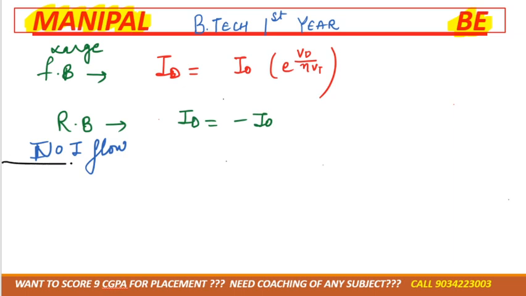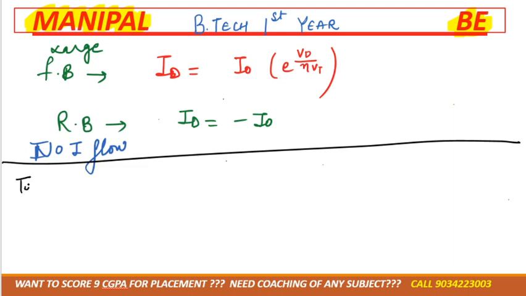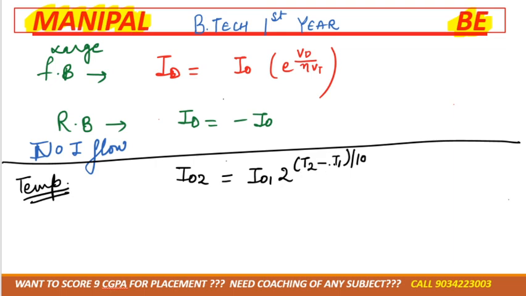Now generally Manipal will give you the question with temperature, right? Whenever they give the temperature like T1 and T2, then in that case you need I02 is equal to I01 times 2 raised to the power, it is 2 raised to the power, not multiplication, of T2 minus T1 divided by 10. Divided by 10 is only in the raised-to-the-power term. What is I01 over here?